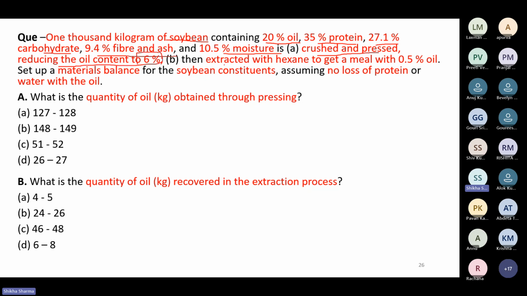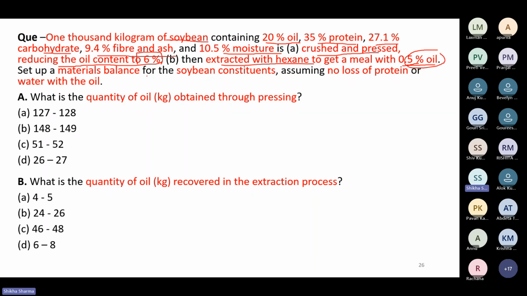In part B, it says the meal is extracted with hexane. First we do the mechanical pressing, so by mechanical pressing we get 6% oil, and then with solvent extraction by hexane the final oil content in the meal is 0.5%.